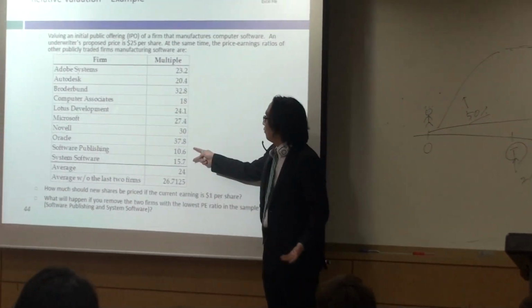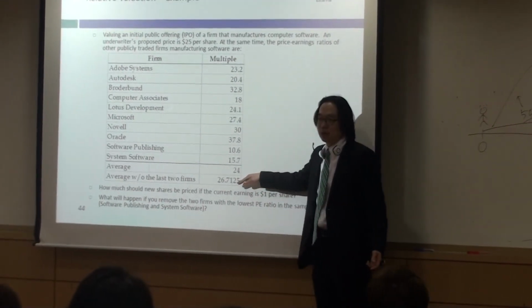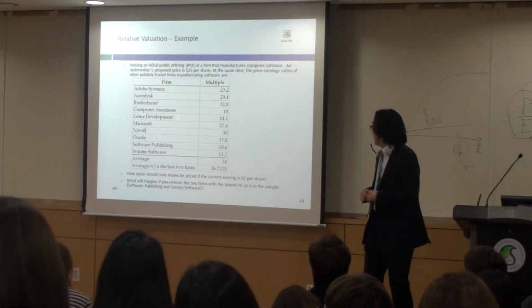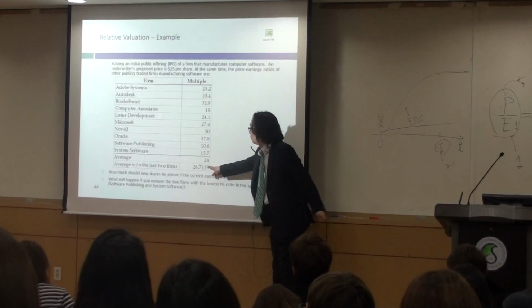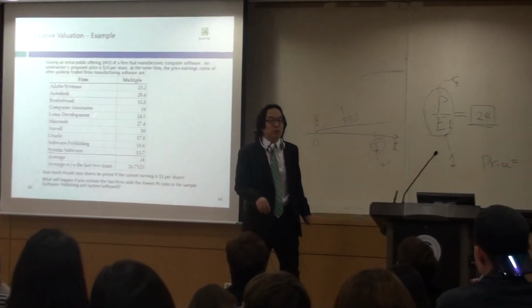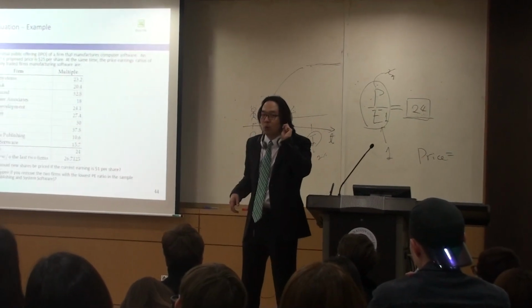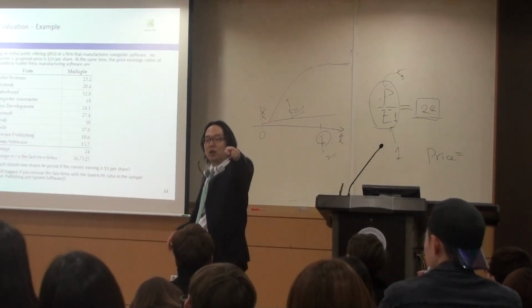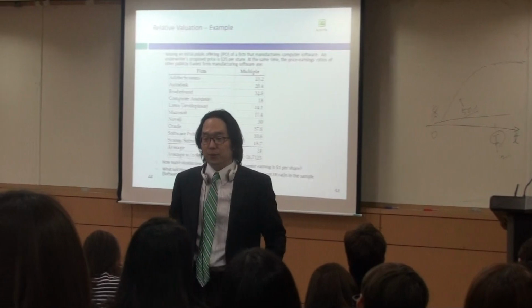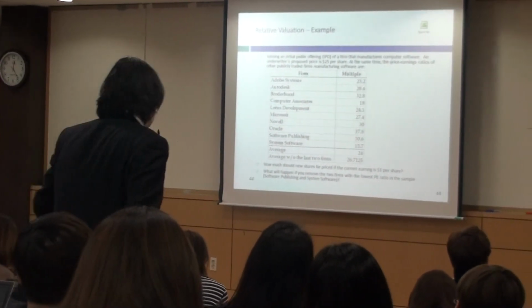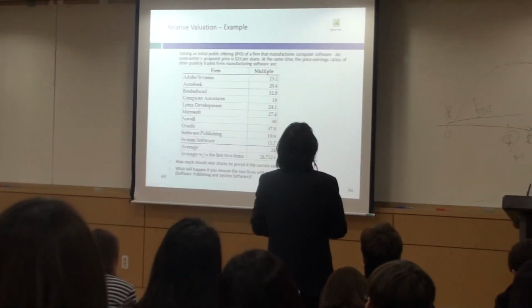Let's remove these outliers and see what's the more reliable number. So that is 26.71. Based on these 2 numbers, what should be your fair price? About 26.7, right. That's the thing.